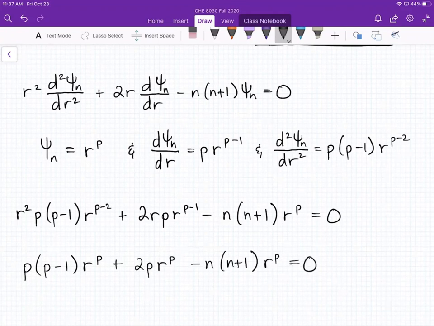All I've done is combine the exponents for my r variable. Those exponents end up canceling out, and I'm simply left with r to the p.